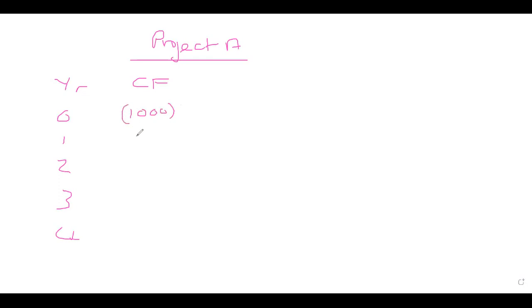We usually put it in brackets. And then we have 400, 400, and 400. Then you have the cumulative frequency. Here we have 400. When we add the next 400, we're going to have 800. When we add the next 400, we're going to have 1,200.